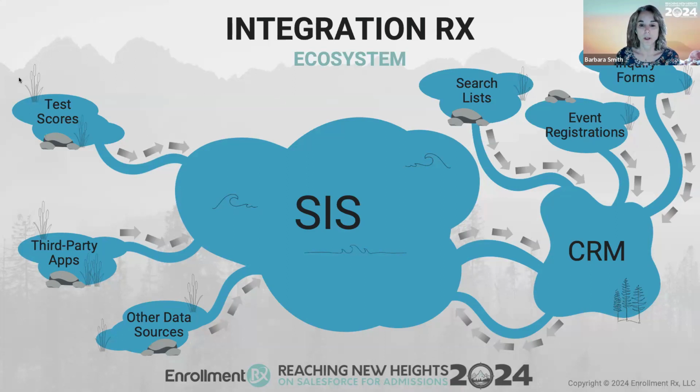So some of our PeopleSoft clients, some of our Colleague clients, have already got things set up moving into their SIS. And so we will move data from the SIS out to the CRM as the primary way that data moves. So again, not our preferred. I think you can get a better experience, but if we can transition, then we can talk about flipping this model a little bit.